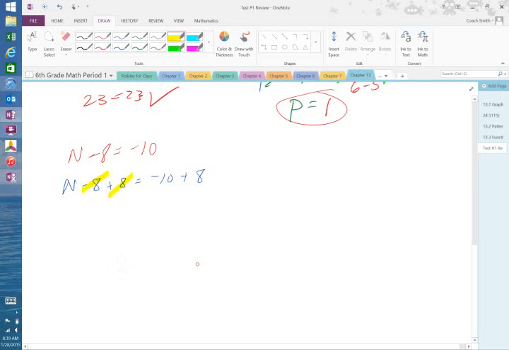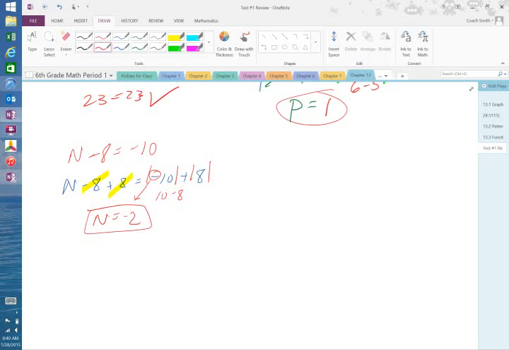Those cancel, and that leaves me with the absolute value of negative 10 and the absolute value of 8, and I subtract those absolute values. That would be 10 minus 8, which is 2. The larger absolute value is negative, so negative 2. Let's look at some of the addition and subtraction. That was addition and subtraction. Now look at multiplication and division.